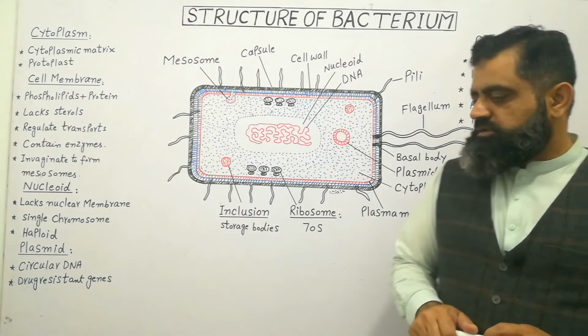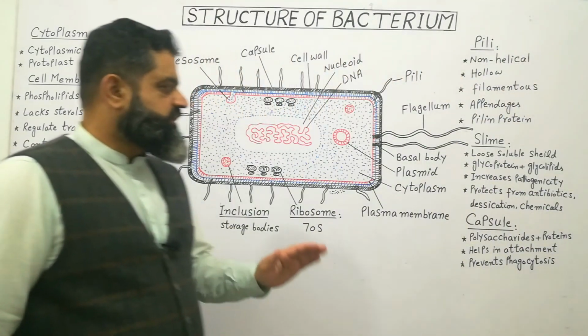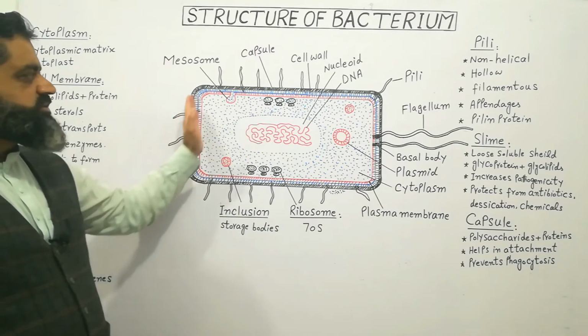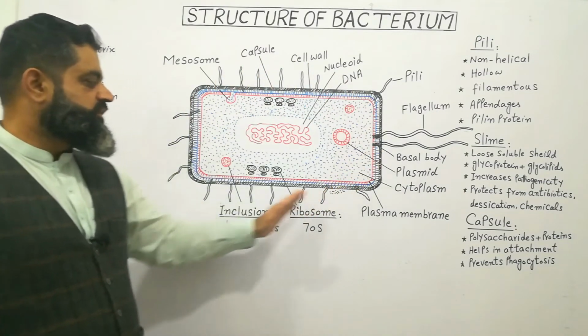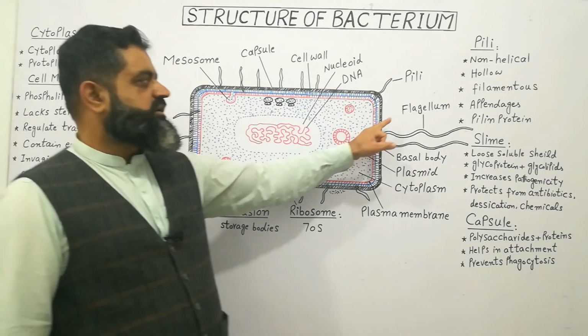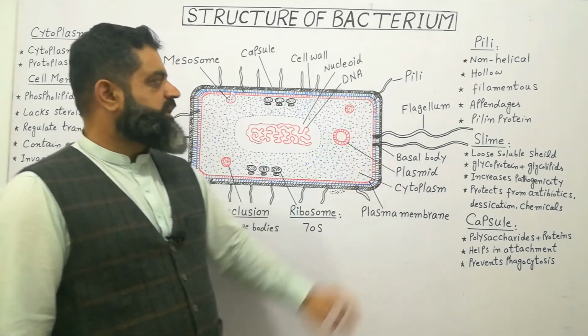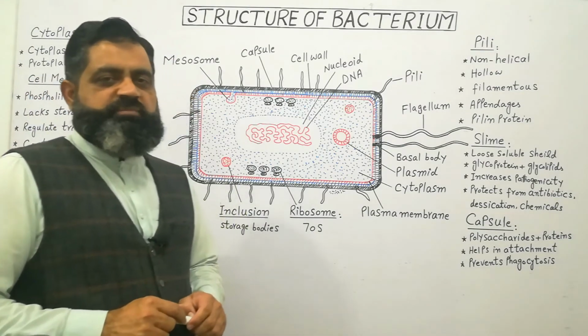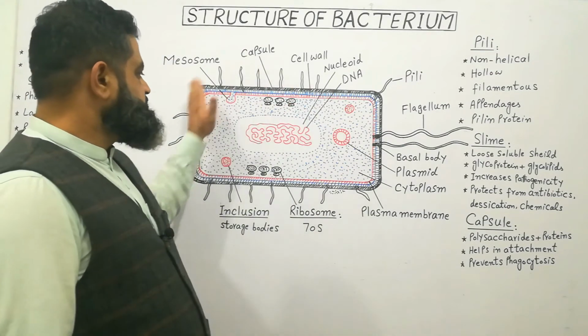If we look at some other appendages of the bacterium, bacteria contain some appendages on the outer surface of the body. These appendages are flagella and pili. Pili are non-helical, hollow and filamentous appendages which appear on the surface of the body.